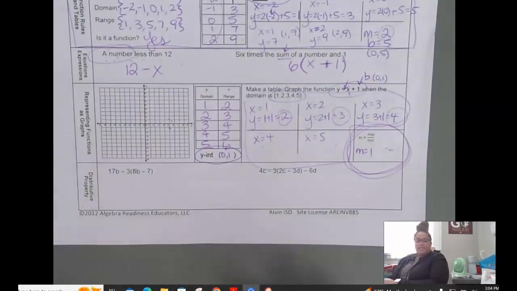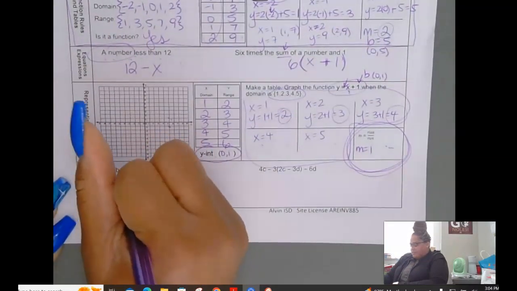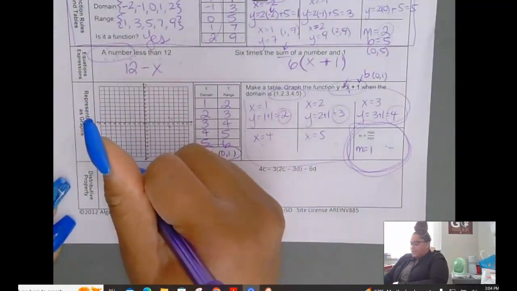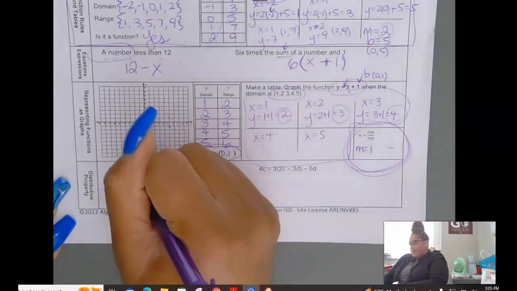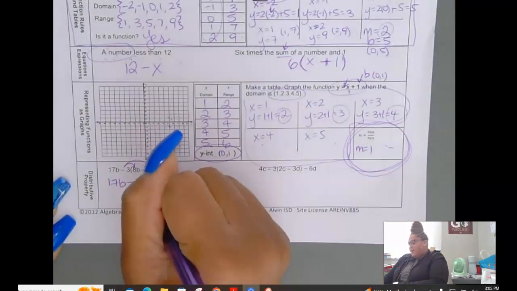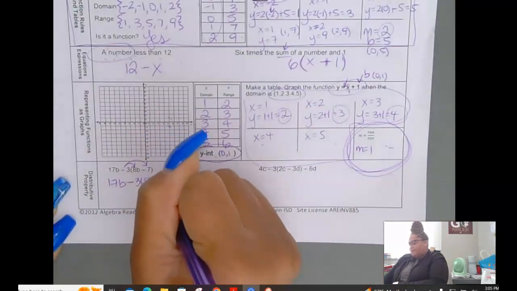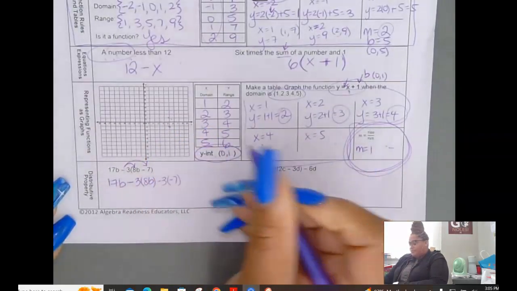All right, down here we got some distributive property, and we'll also have some combining of like terms. Check out my notes that I just posted on Google Classroom. They will help. Excuse me, so 17b minus, so this negative 3 gets multiplied by the 8b, and it gets multiplied by the negative 7. So I'm going to put minus 3 times 8b to break it down, minus 3 times negative 7.